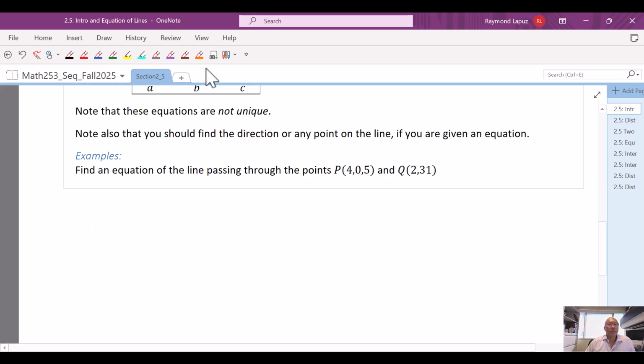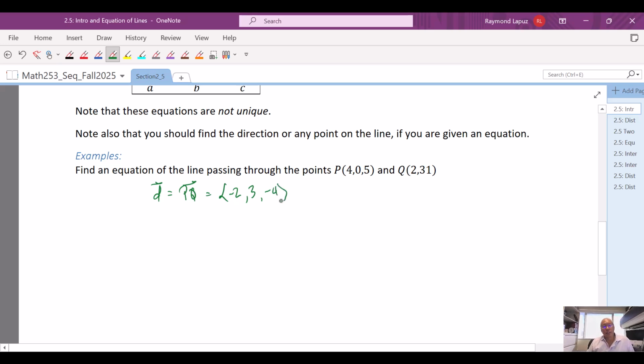So let's say our direction vector D is equal to the vector from P to Q, so PQ, and we know that this is a subtraction, head minus tail. The head is Q, so I'll have 2 minus 4, which I believe is negative 2, 3 minus 0, and 1 minus 5.